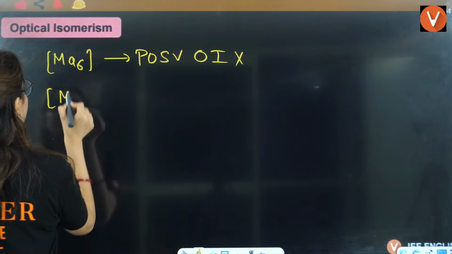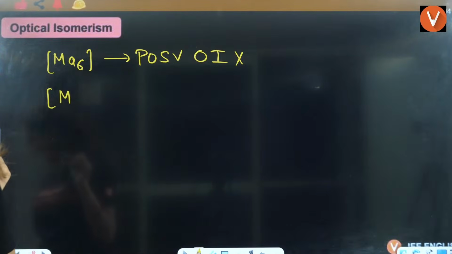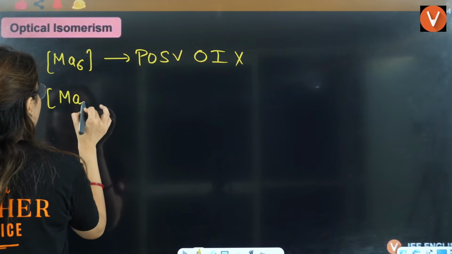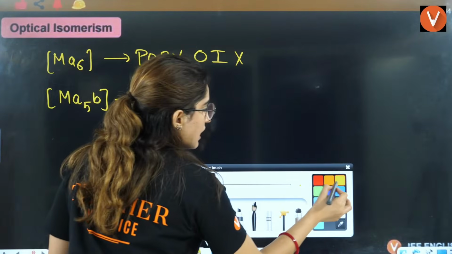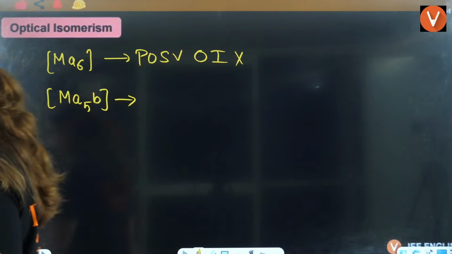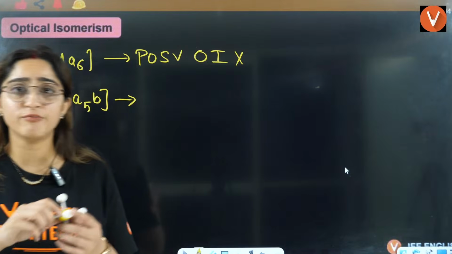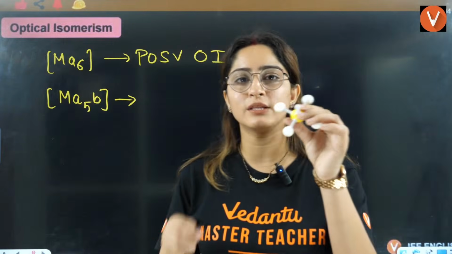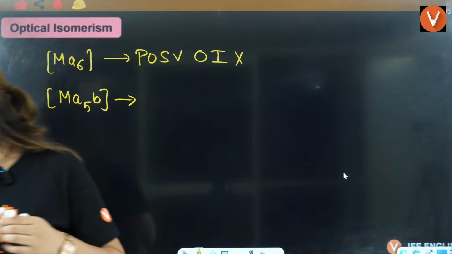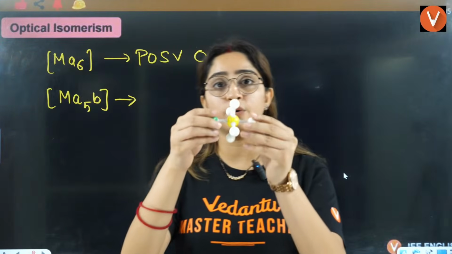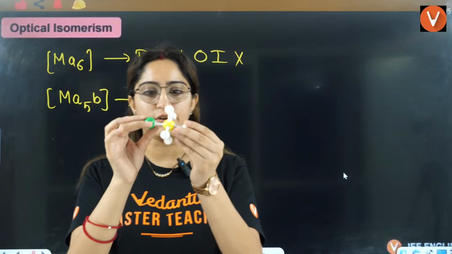Then you have MA5B. Now students, here A5 means 5 atoms will be the same, 1 atom will be different.